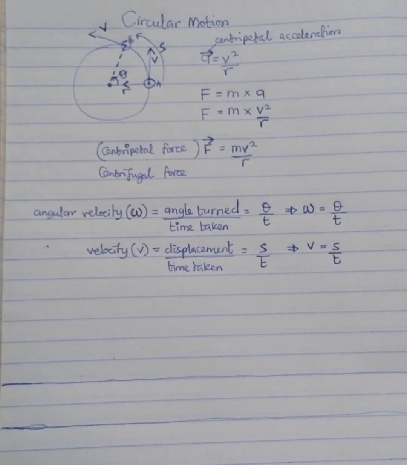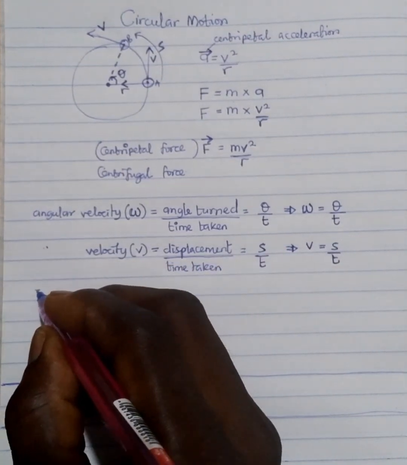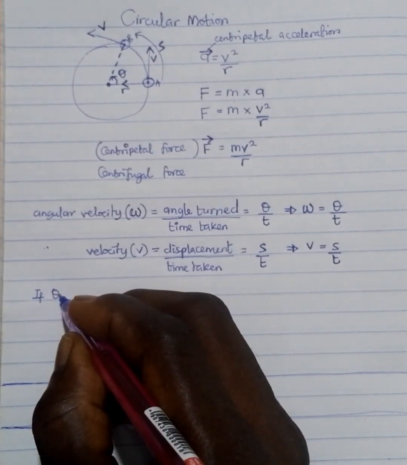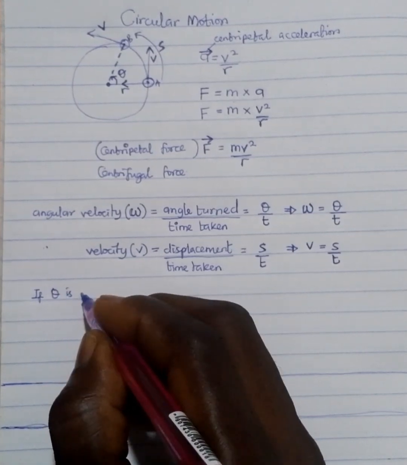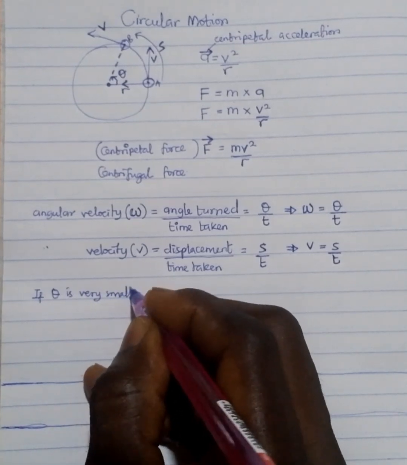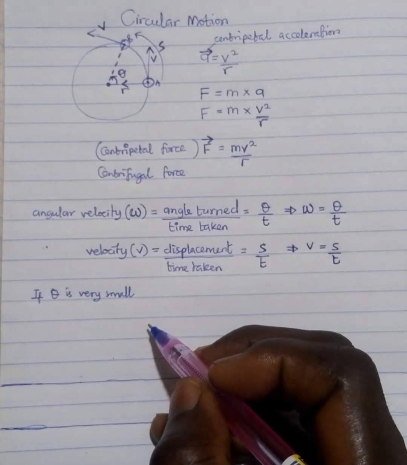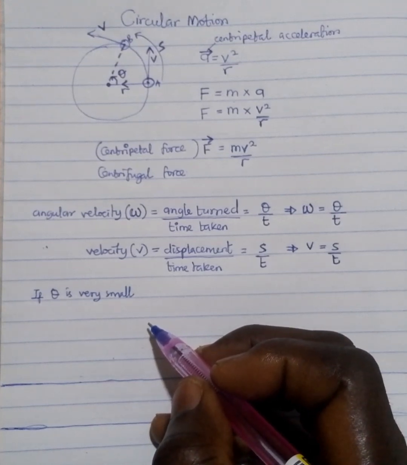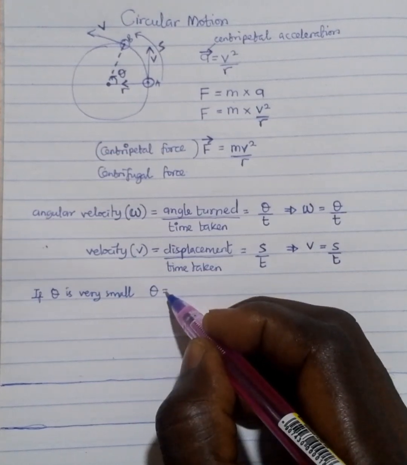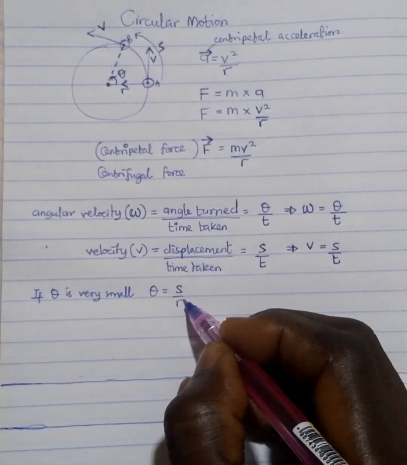Let's check that out. If angle theta is very small, it has been proven that theta will be equal to s divided by r.